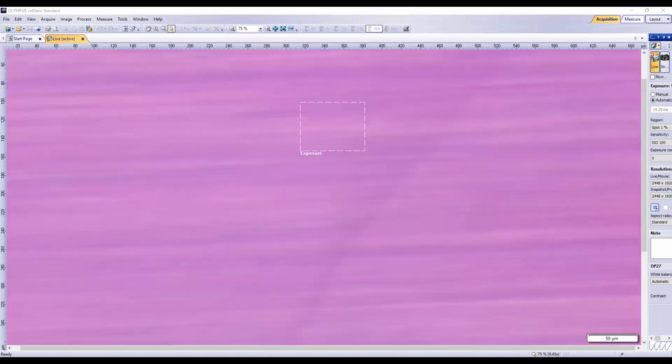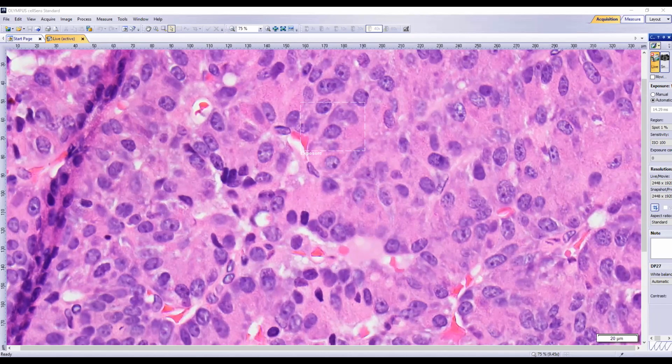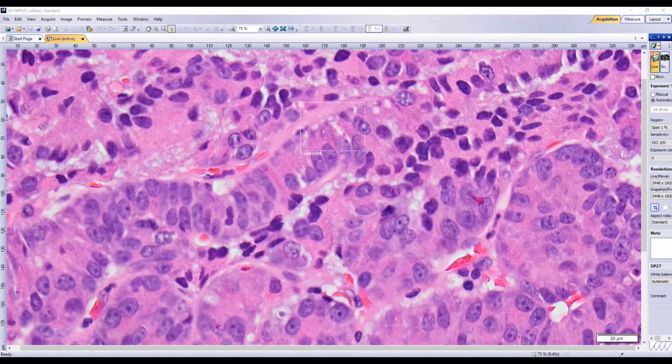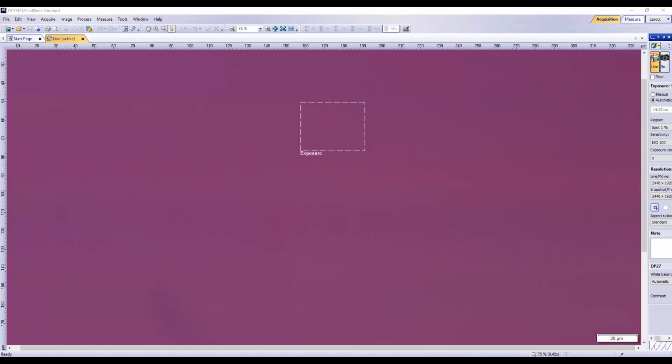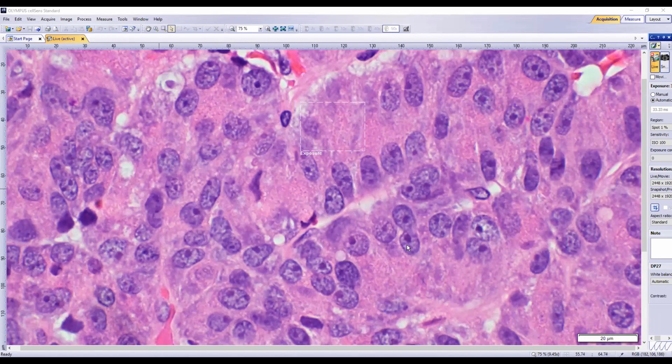I mean, the nuclei are not good for neuroendocrine, but the trabeculae and monotonous look could also be. So the trabecular and the nested nature is good for neuroendocrine. But the nuclei, what do the nuclei remind you of?